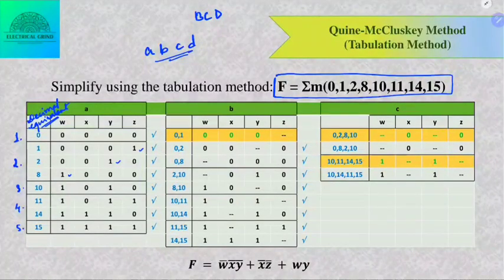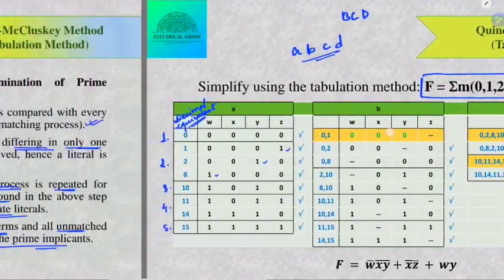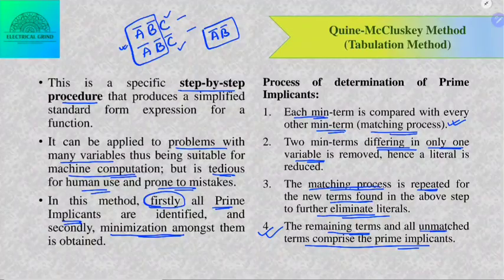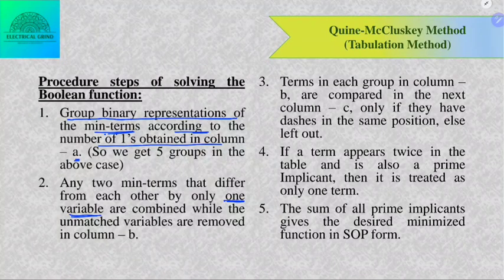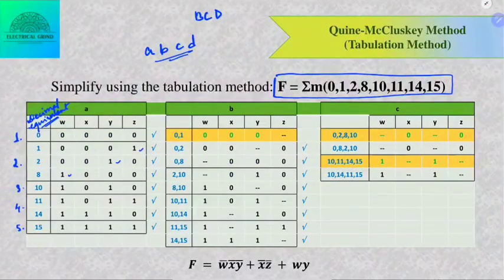Now we will compare each term of these groups with the other terms of the groups, as we have previously seen that this will be our matching process. So let us see the next procedure. Any two minterms that differ from each other by only one variable are now combined, while the unmatched variables are removed in column B. As we can see, we will first pair 0 with 1, then with 2, and then with 8.